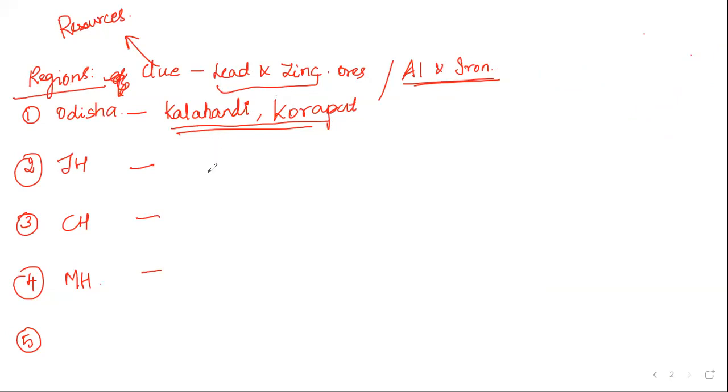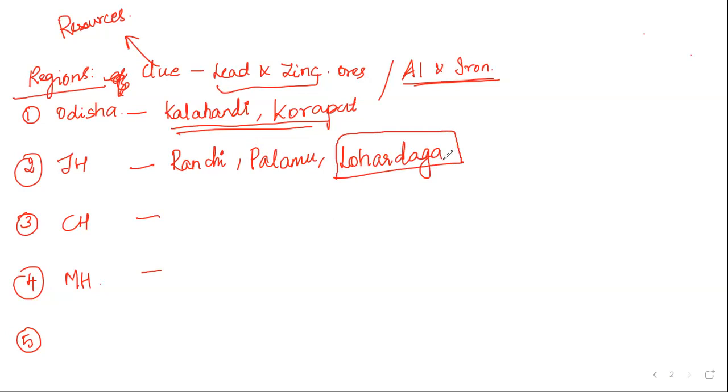And then coming to Jharkhand, Ranchi, Palamu district, and one more name which I forgot to mention yesterday. This is important for your iron also. Lohardaga.